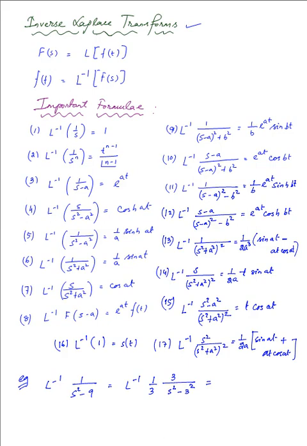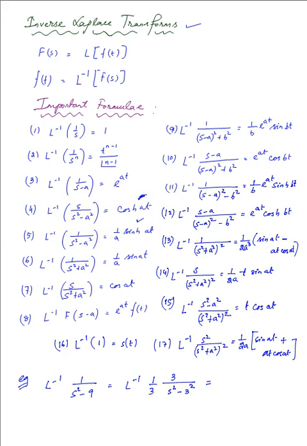Where is it? Probably this one, yes. But that's not actually s, but that's a. So that won't be the formula that we were talking about. That will be 1 over a sine hyperbolic at that you can see just below that, so that a, being a constant, can cross multiply onto the other side.